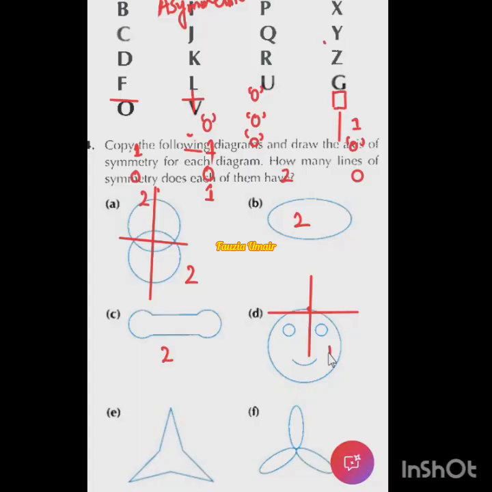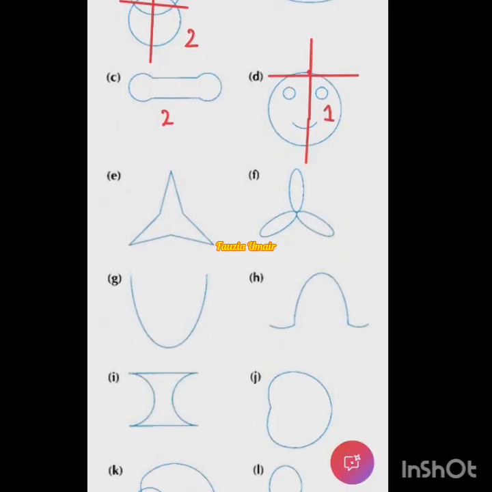One is the vertical one. What about E part? Three. Three lines of symmetry. So basically, A, B, C parts resemble a rectangle, right?